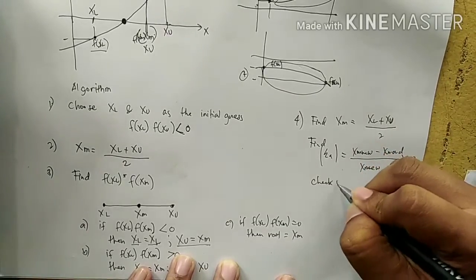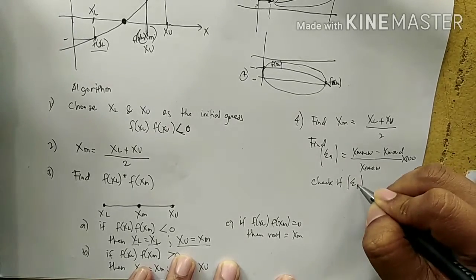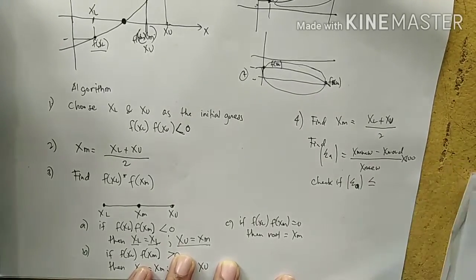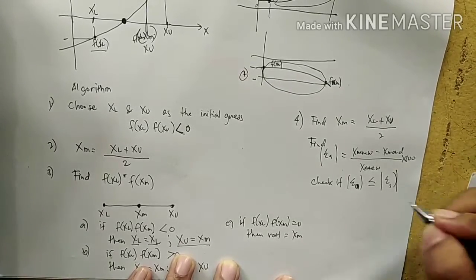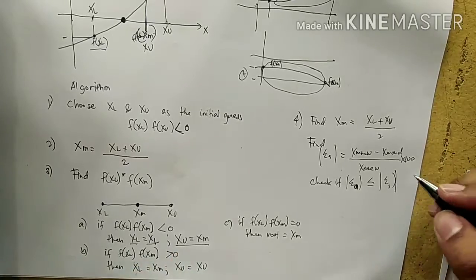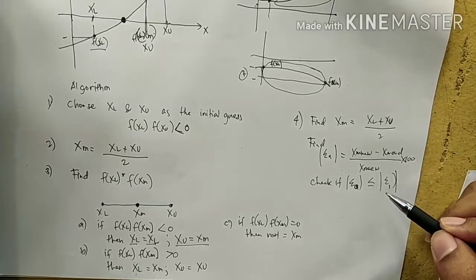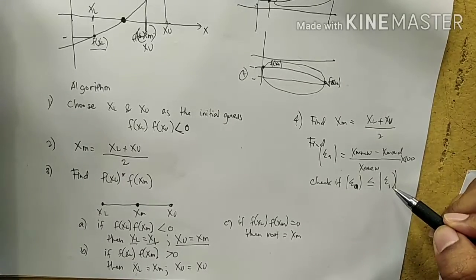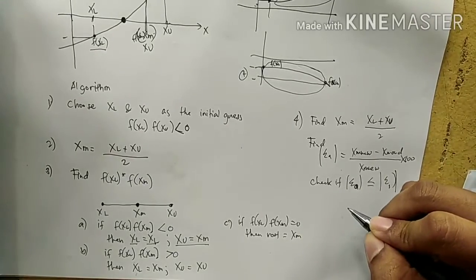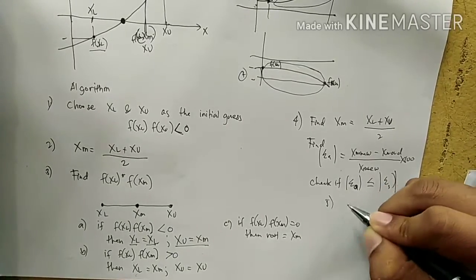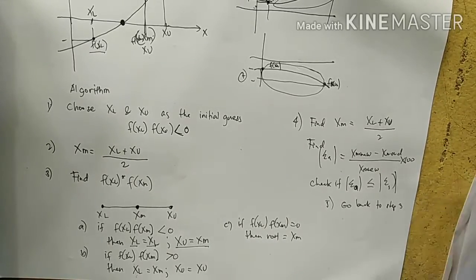So check if your relative error is less than or equal to the pre-specified tolerance. So this is the tolerance. If your relative error is greater than your pre-specified tolerance, meaning go back to step 3.